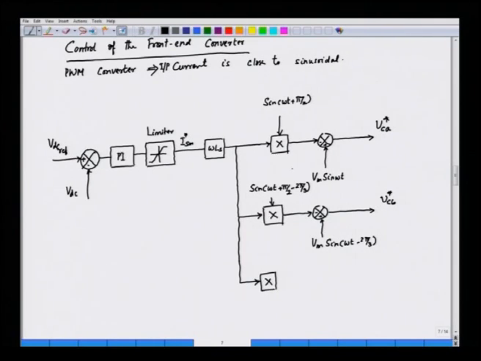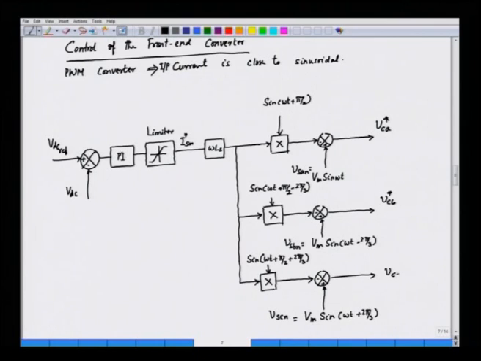In fact, these voltages are Vsan and this is Vsbn, the source voltages, and similarly we have the phase C, we multiply with sin(omega t plus pi by 2 plus 2 pi by 3) phase shift, and then we have this voltage Vscn equal to Vm sin(omega t plus 2 pi by 3), and what you obtain here is VCC star.